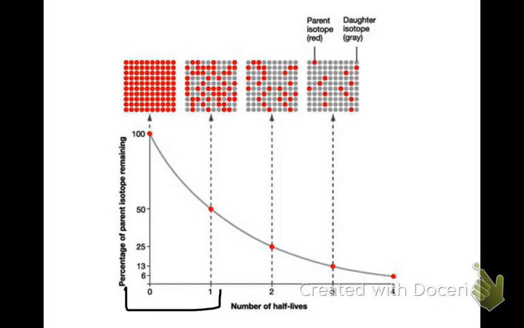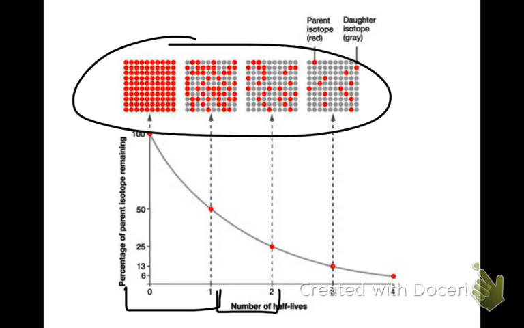After one additional half-life, half of those have turned gray. And what I like about the way they show it up here on the top is that it's very sporadic and random. It's not like the top half turn gray or the bottom half turn gray. It's just very random, but it's at a given interval. We know that half of them will decay.